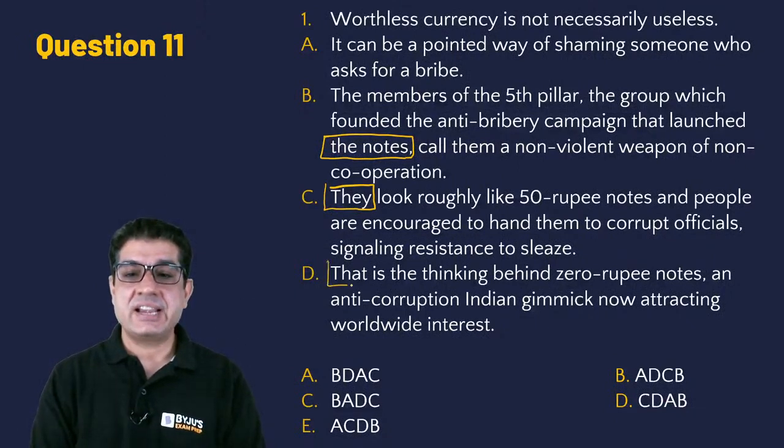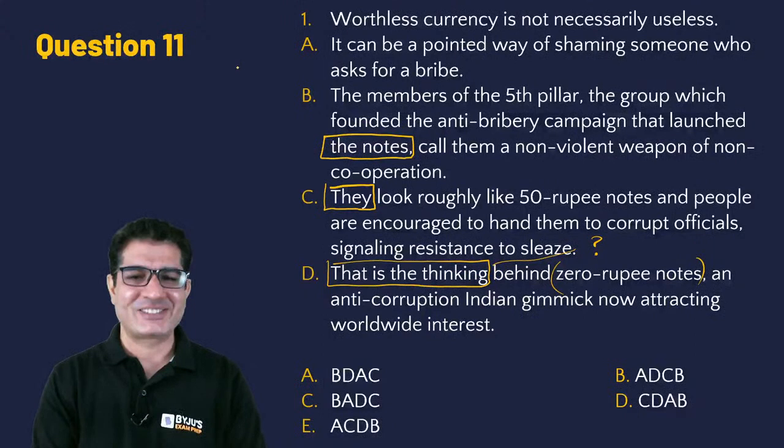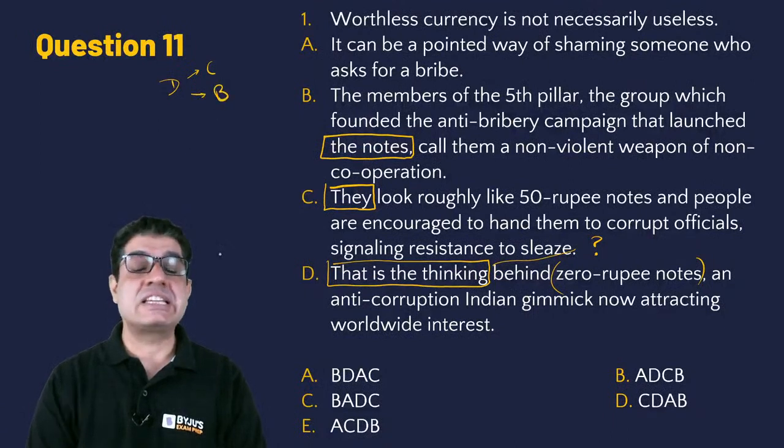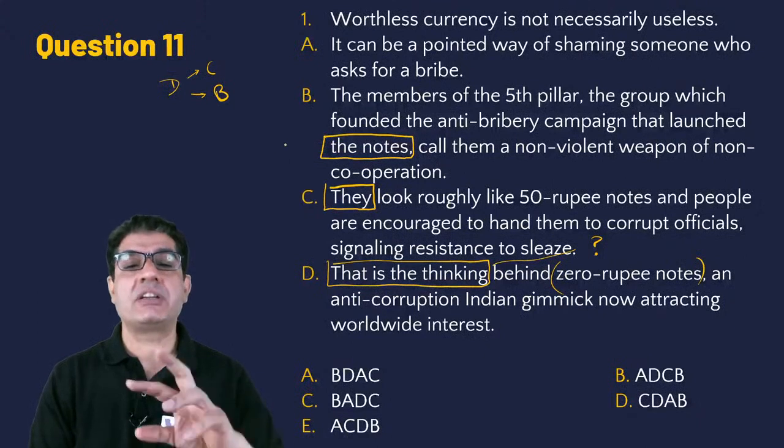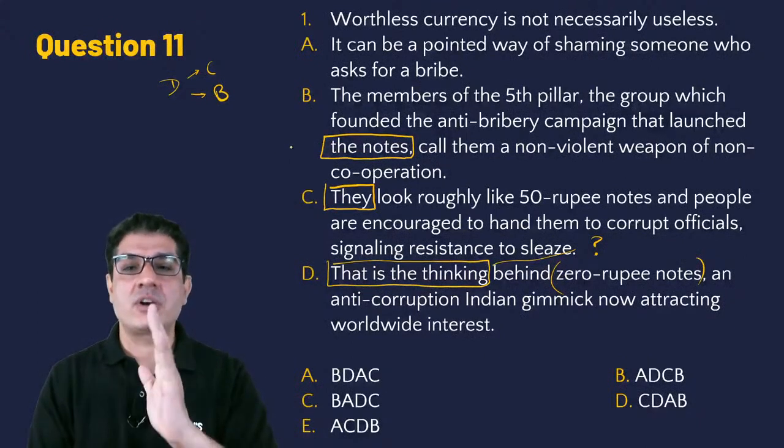D says that is the thinking. So what is the thinking? But then you notice 0 rupee notes. The moment I see this, I can definitely tell you that sentence C and sentence B should definitely come after D. Any sentence where C and B come before D will not make any sense.